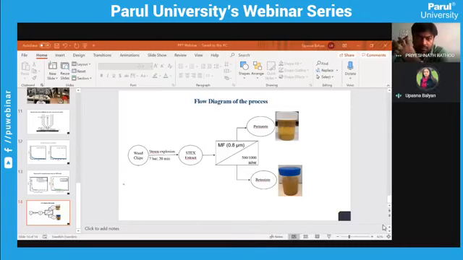Gujarat is a hub of Permunix membranes, so everybody generally contacts Permunix. So yes, modification is a very big challenge in the industry. Students can work upon the modification of membranes rather than the synthesis of membranes.